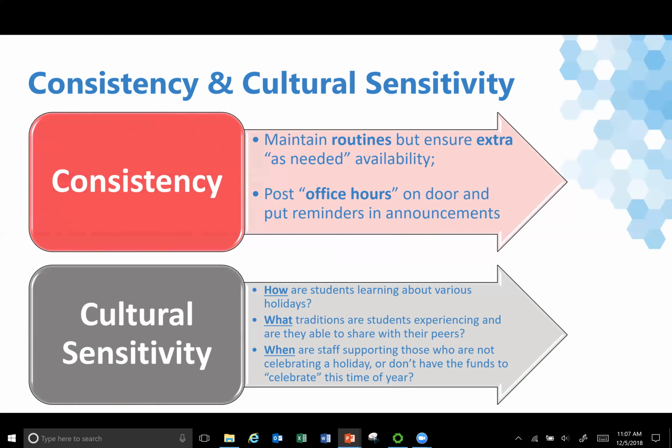So again, sometimes folks talk about or reference the culture of poverty, and just being mindful that with all the giving and the gift exchanges, and sometimes even just the food concerns, that everybody might have a different take on this time of year. Some who are engaged in holidays, and some who aren't practicing any holidays during this break.